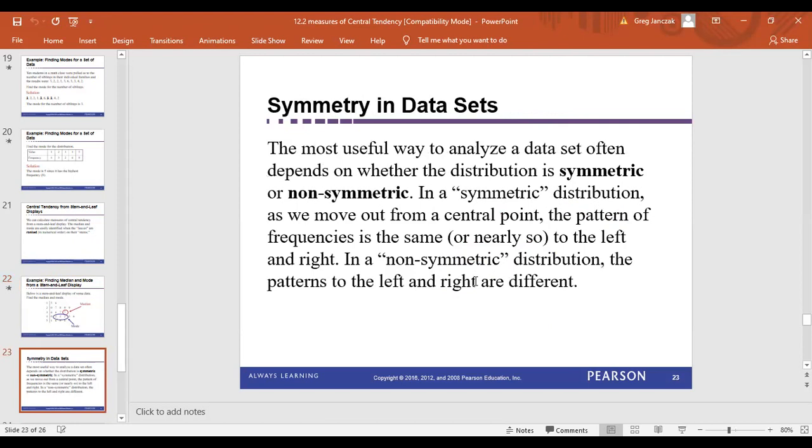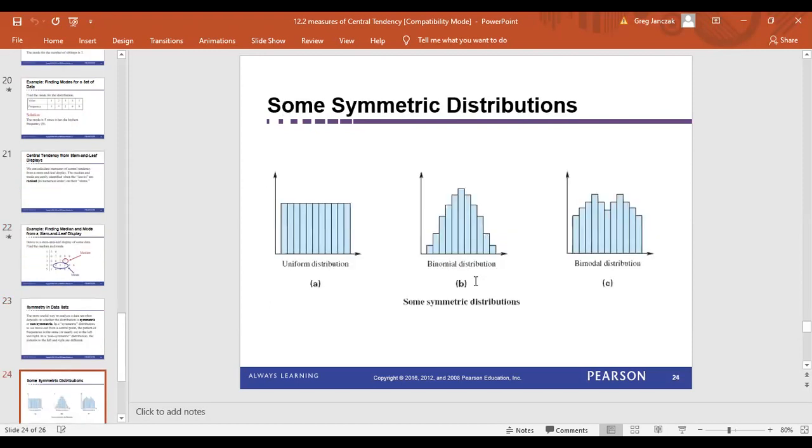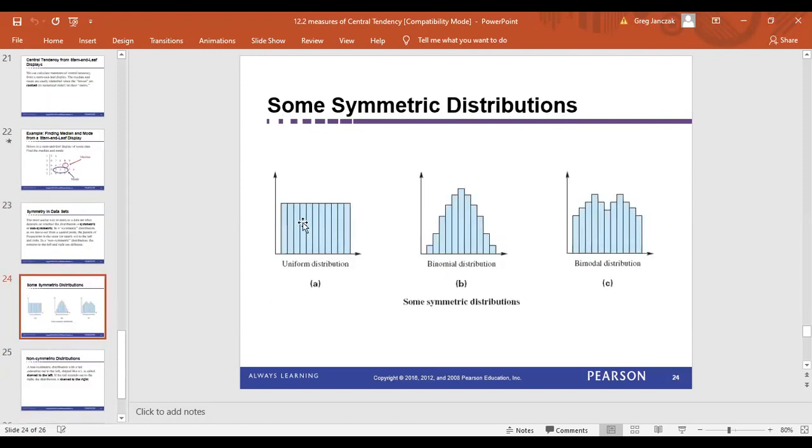All right, symmetry is basically just like symmetry on a quadrat. Looking at a graph, it's the same on the left as it is the right from the middle. So this would be considered a uniform distribution where all the data are the same.